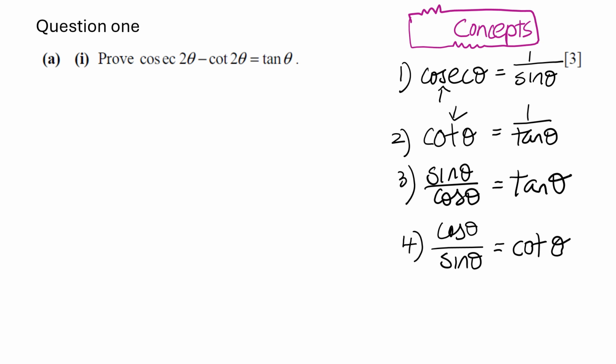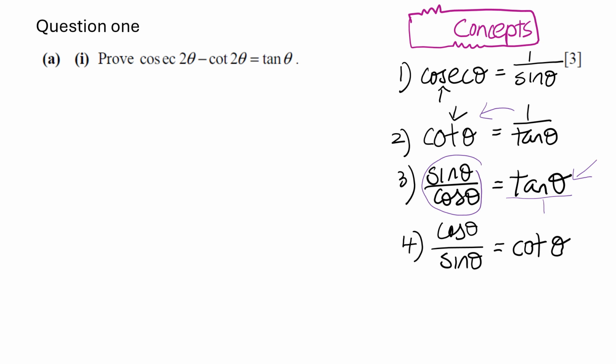Because cotangent theta is 1 over tangent theta. If we just flip this to get cos theta over sine theta, flip tangent theta, because tangent theta is tangent theta over 1, you flip it, you get 1 over tangent theta. And 1 over tangent theta is equal to cotangent theta.